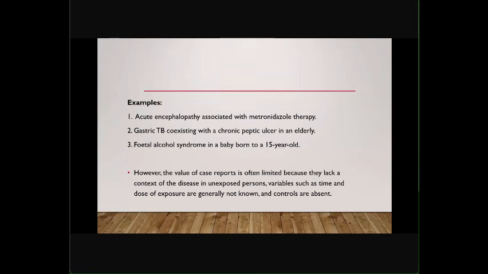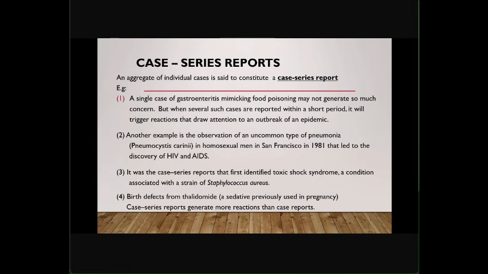And if we observe the signs and symptoms of fetal alcohol syndrome in a 15-year-old, it tells a lot about that 15-year-old. So we might do further investigation, because it's a lot of information. It shows us about lifestyle and all that. So these are just the import of this.